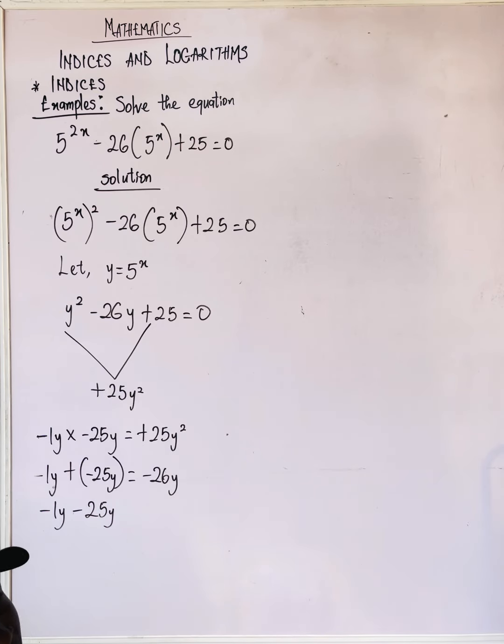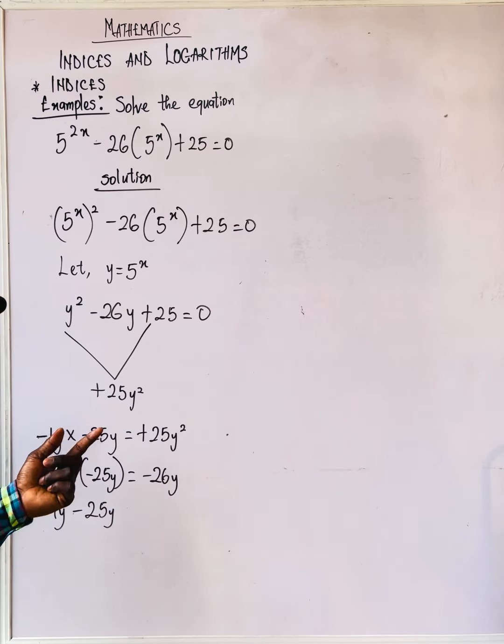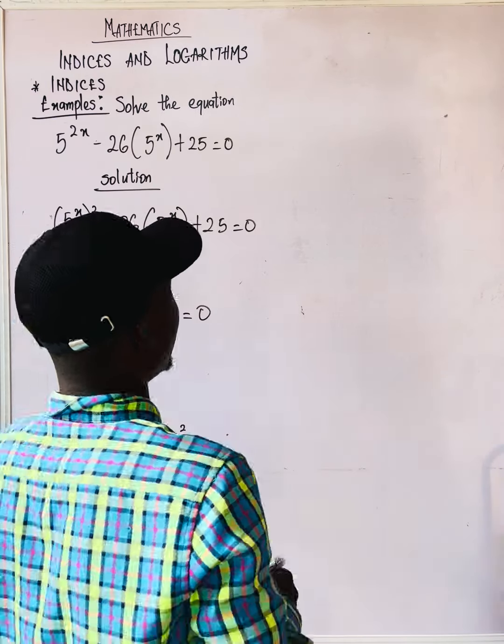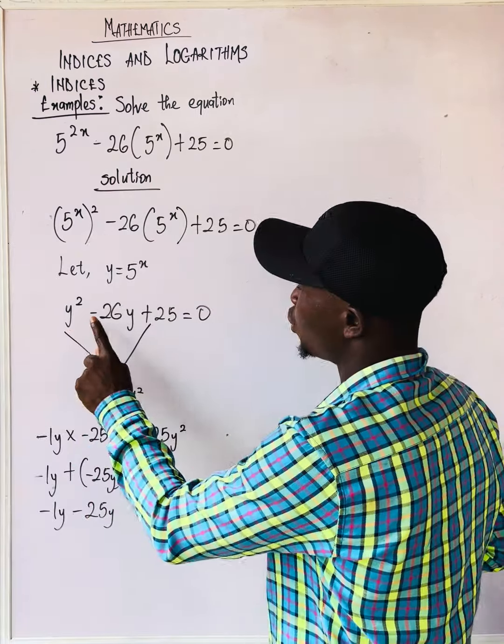Minus times minus is plus. Y times 25y gives 25 y squared. So we are correct. Let's check that the same thing works with addition. Minus 1y plus minus 25y will give us minus 26y, right? So we are correct. The two numbers are minus y, you can call it minus 1y, whatever. Now we go back to the equation.